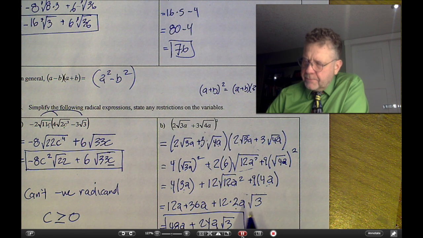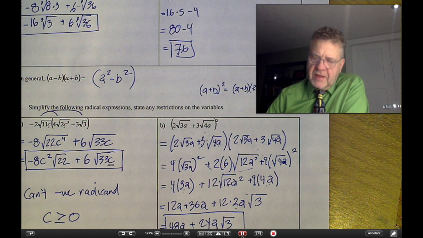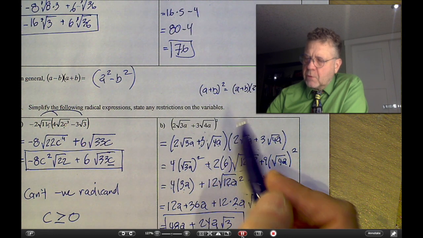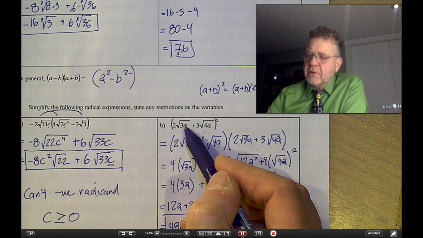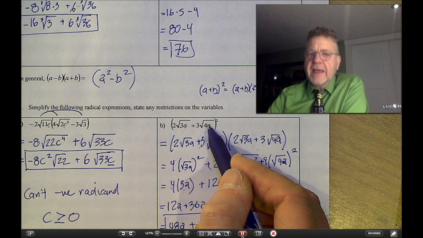Now, there's no variable in the radical sign here, so we don't have to worry about a being greater than 1 or less than 1 or whatever. But what if a were negative here? Or what if a were negative here? Well, you'd be taking the square root of the a up here.